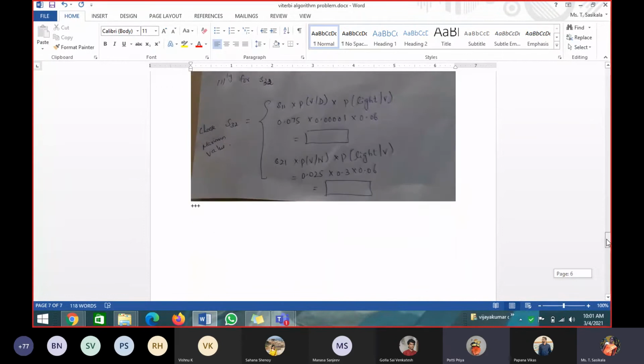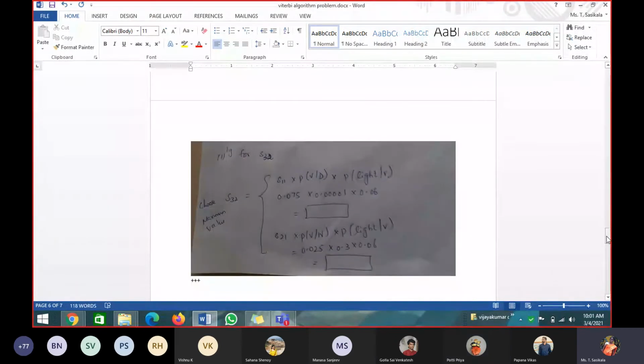Second one, for the S21 combination. 4.5 into 10 power minus 4, ma'am. 4.5 into 10 power minus 4. Everybody is getting that? Yes, ma'am. So is the second level done or is there still something to calculate? It's done.